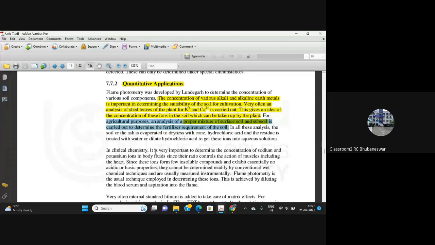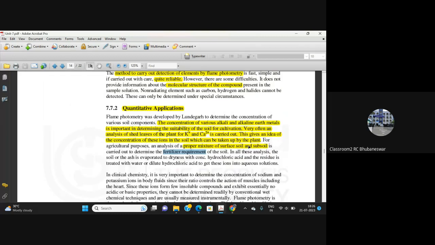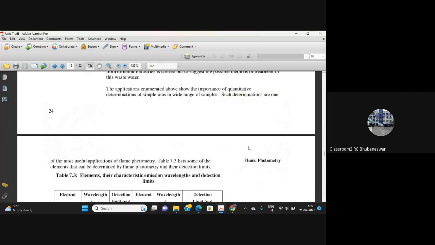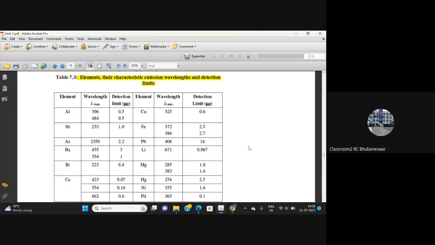Then you can use the proper mixture of your surface soil or subsoils to determine how much of what fertilizer is required for the soil. So mostly these quantitative applications are helpful as far as your agricultural research is concerned.